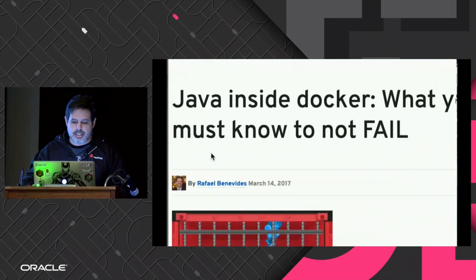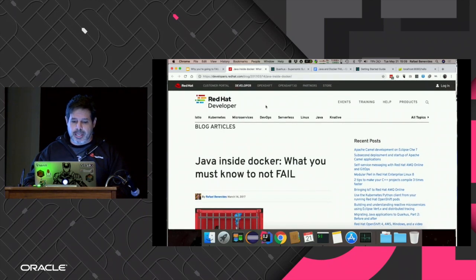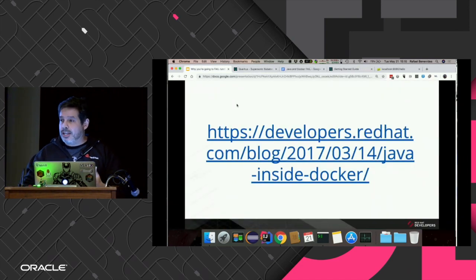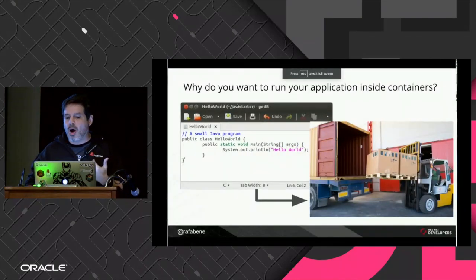I published that almost 2 years ago. And it became very popular because people were excited about containers. People are still interested in Java. That's good. We say that Java is not dead, but they started facing some problems and they didn't know why.